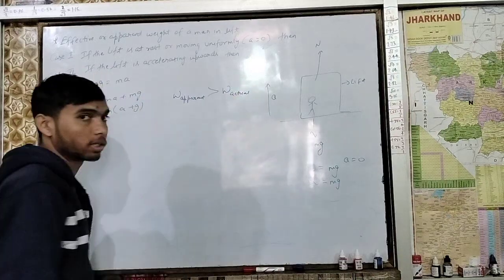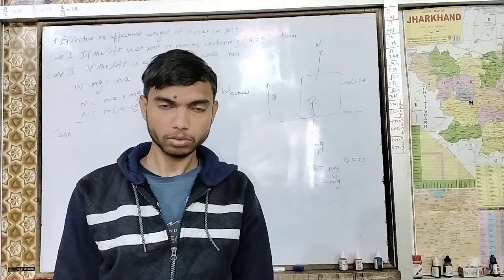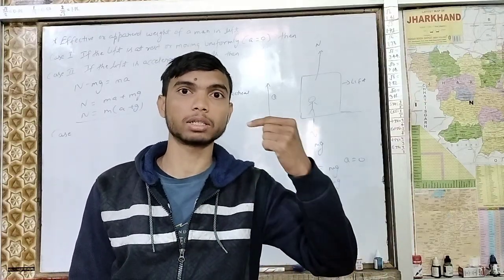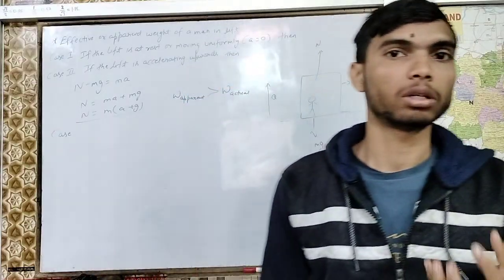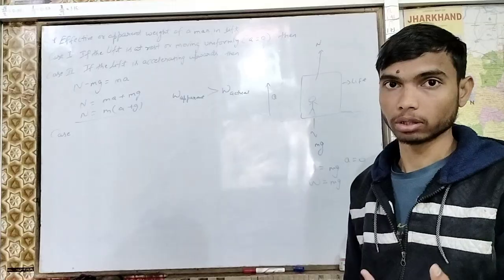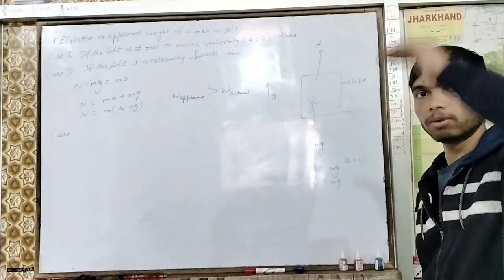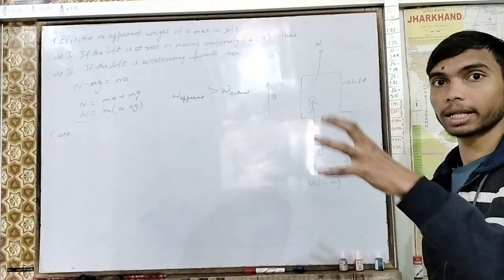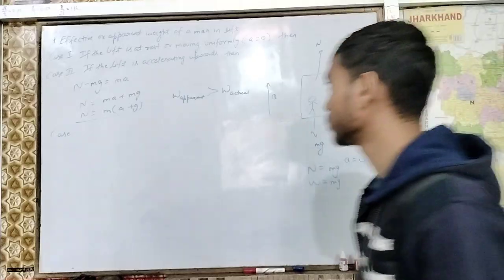It is going upward. At rest or when velocity is constant, we will get the actual weight of a body. When the object is going upward and then comes downward, the apparent weight will come out different.